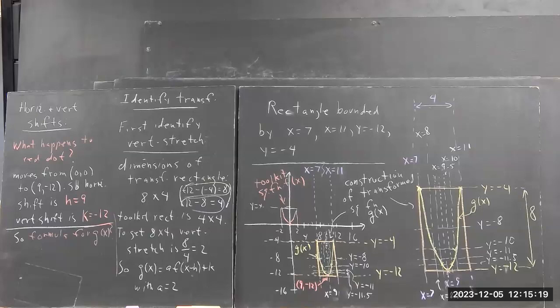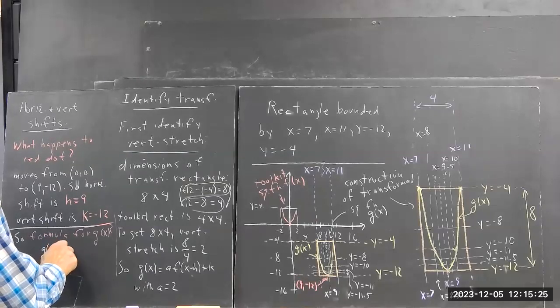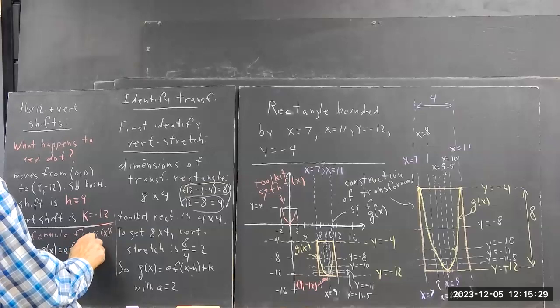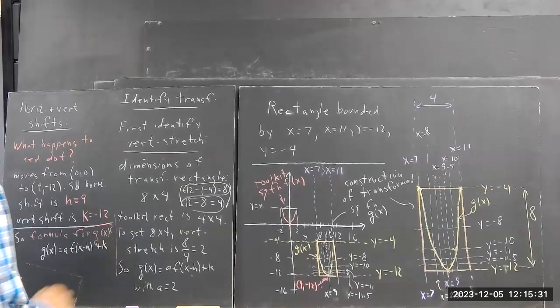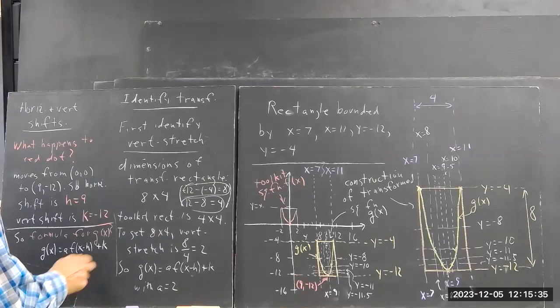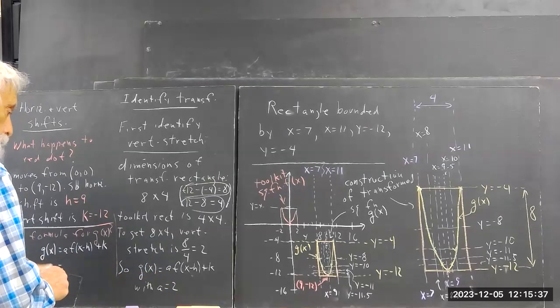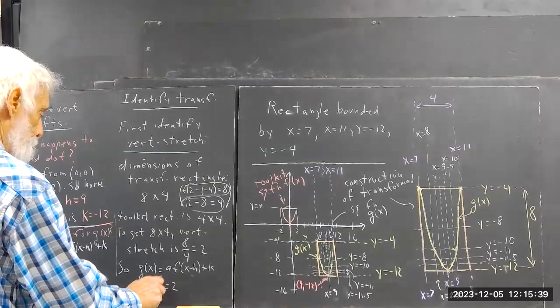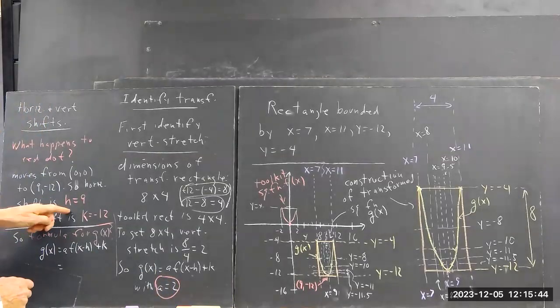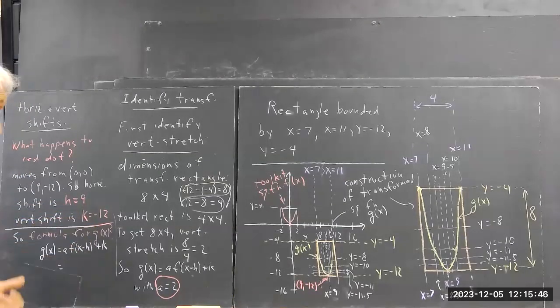Okay, now at this point, everybody wrote it out correctly. It's a f of x minus h, plus k, but now we've identified a here, put a little circle around that. And we've identified h here, and we've identified k here.